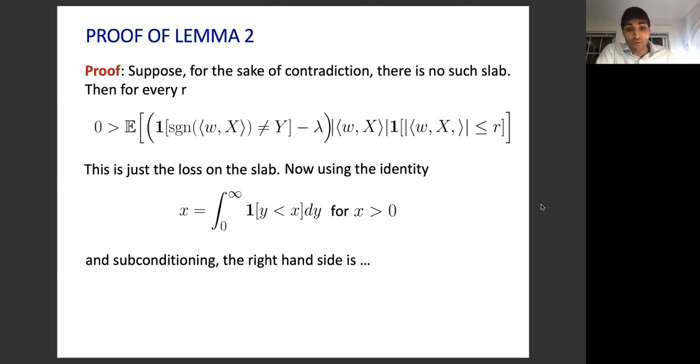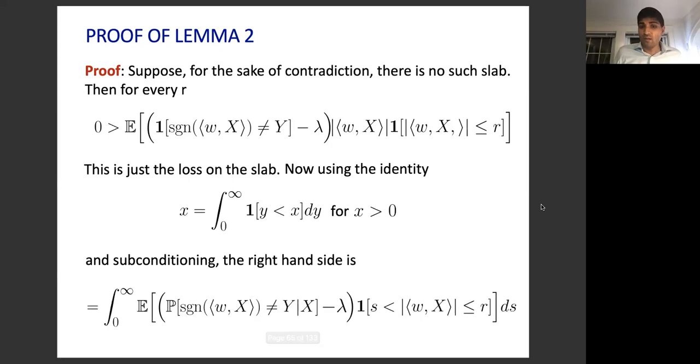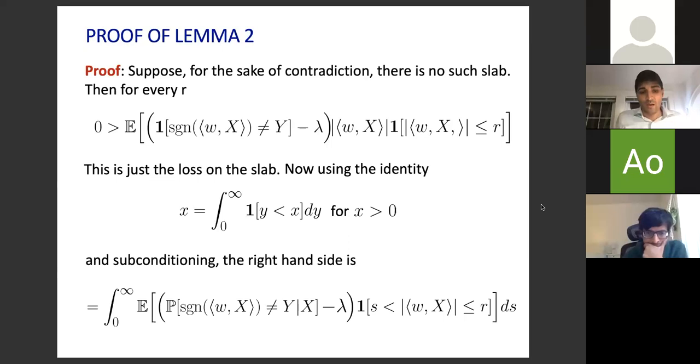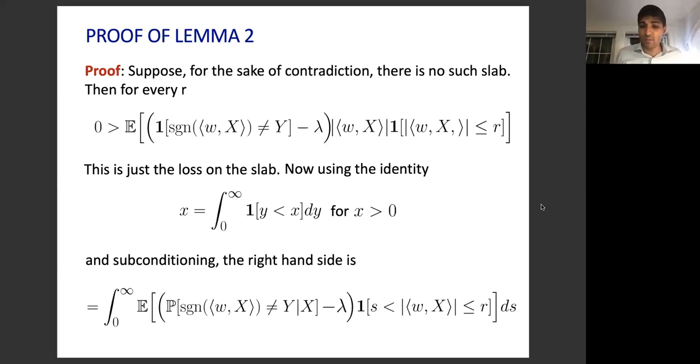We all know that, for any positive X, X is equal to the integral from 0 to infinity of the indicator function of whether Y is less than X. What I can do is use this identity to absorb this absolute value of W inner product with X. So I'll absorb it into an integral where now I integrate over some other parameter S, only up to this threshold of the absolute value of the inner product between W and X. So this is just a rewriting of the expression, but now the thing that we're conditioning on, this indicator function, is no longer a slab. What it really is, is an annulus.